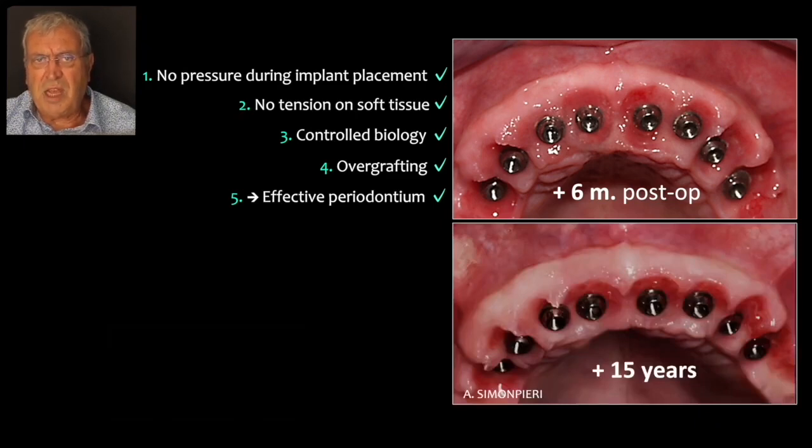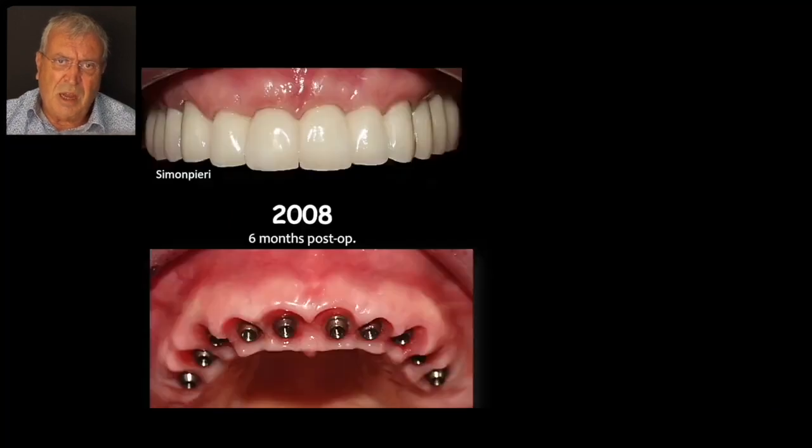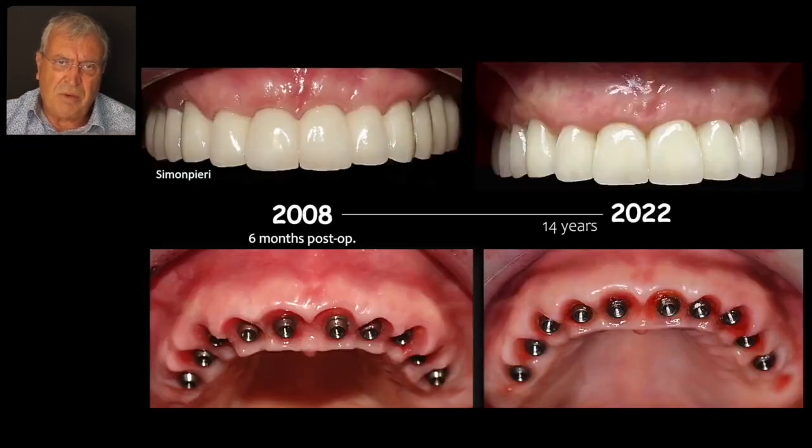Why? Because everything was done perfectly. And you understand that the good surgery is the condition to achieve long-term stability. Nothing can happen after 14 years because everything was done biologically, surgically.